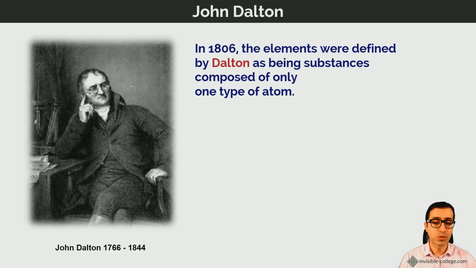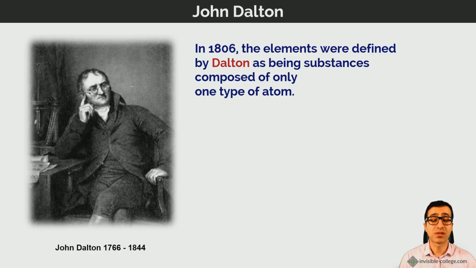He essentially was a chemist who discovered that elements would chemically combine with each other in specific ratios, and from these observations he came to a number of assertions about atoms. But essentially the definition of an element comes from Dalton's work, an element being a chemically pure substance composed of only one type of atom.